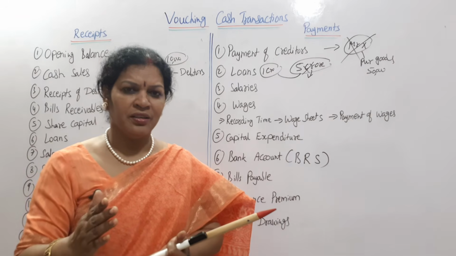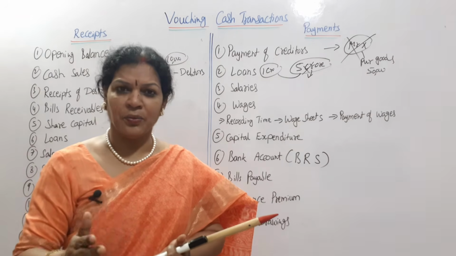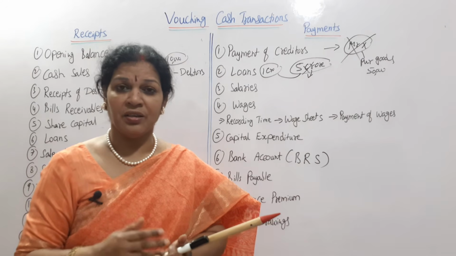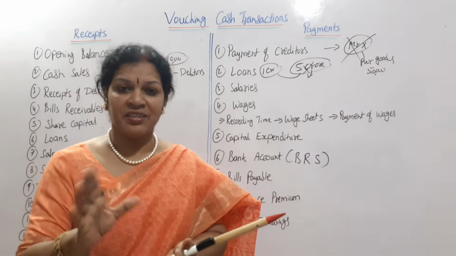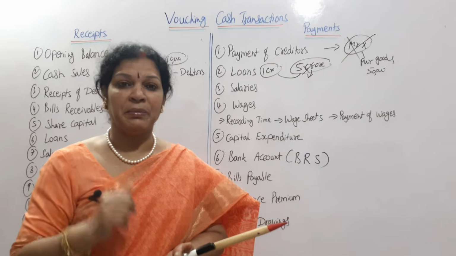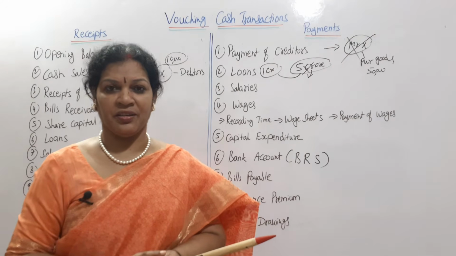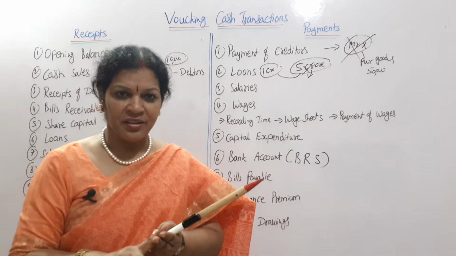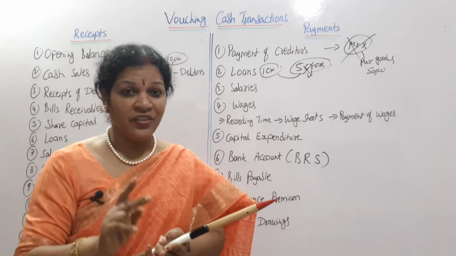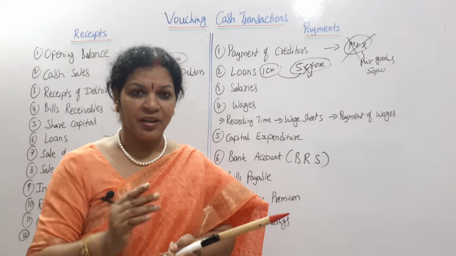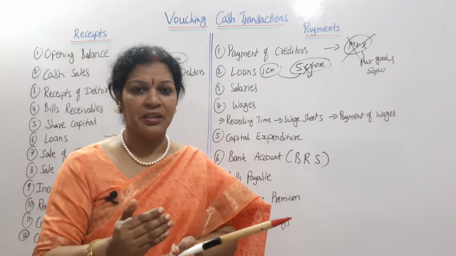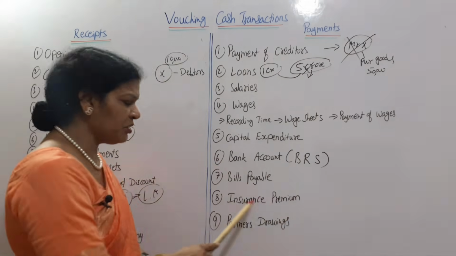Is it monthly or yearly, once, twice or 4 times, quarterly or half yearly? That he has to understand. If he understands the agreement with the insurance company, it's quite easy to check this transaction.